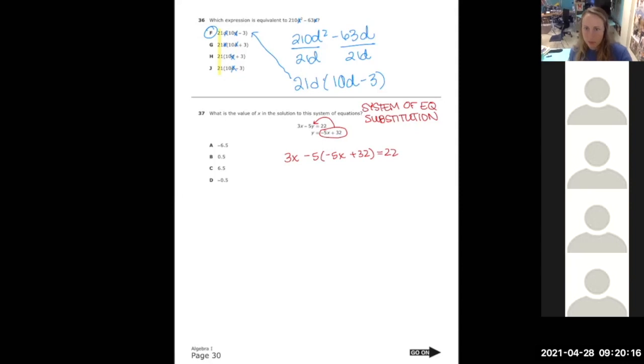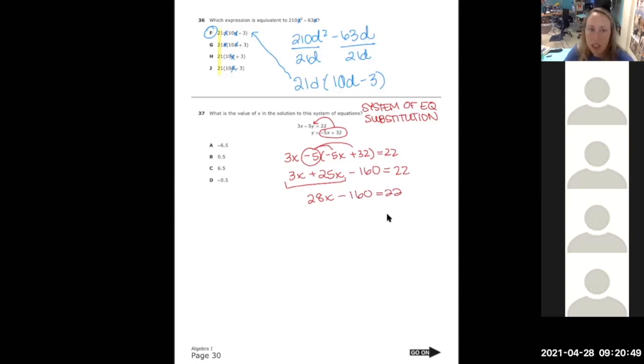So now we're just solving this equation for x. So our first step is going to be to distribute. So that's 3x plus 25x, because that was a negative times a negative, minus 160 equals 22. We are going to combine like terms. So you've got 28x minus 160 equals 22.